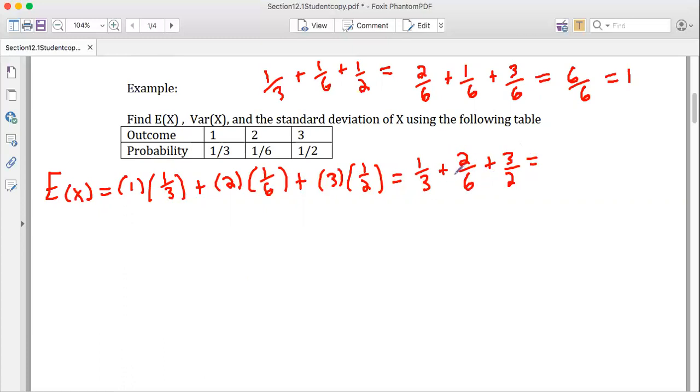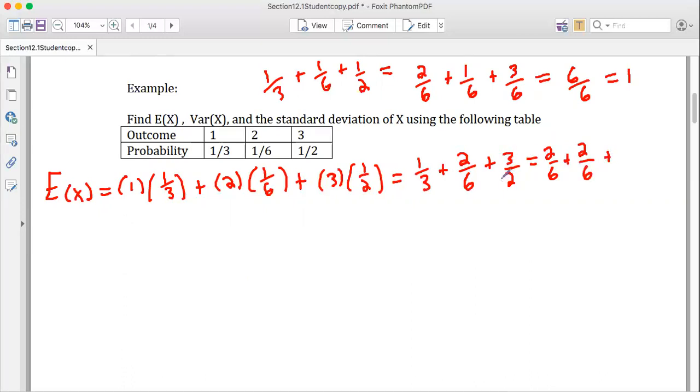And then from here, I can go ahead and get a common denominator. I could reduce 2/6, but I'm going to need a common denominator anyways. So I would go to 1/3 and multiply by 2/2. That gives me 2/6. Plus the next one, 2 over 6, I didn't reduce it, so it already has the common denominator.